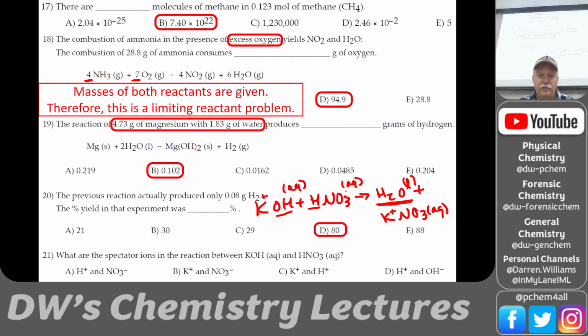The nitrate, after it got rid of its proton, is a nitrate, and it's a nitrate here. So they're spectator ions. They haven't changed at all. The reaction took place between the H plus and the OH minus. So this is the OH minus and the H plus, forming the water. So here we are, that's the K plus and the NO3 minus.